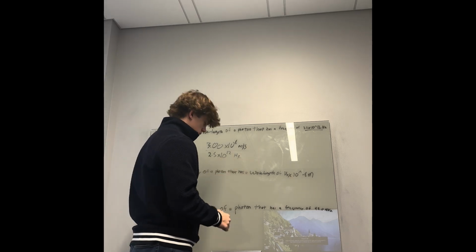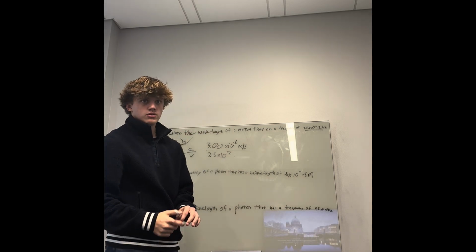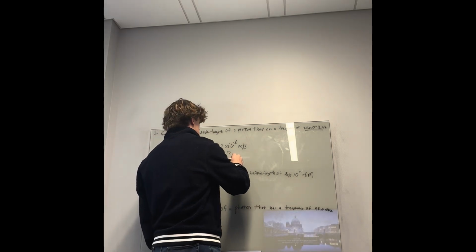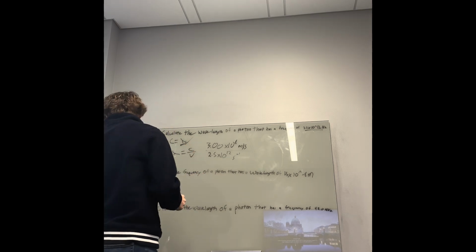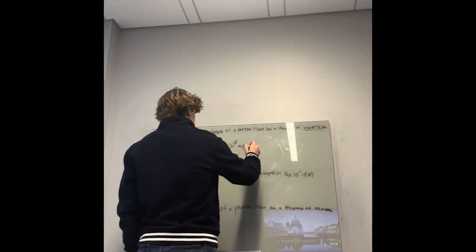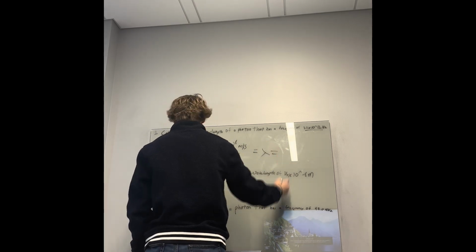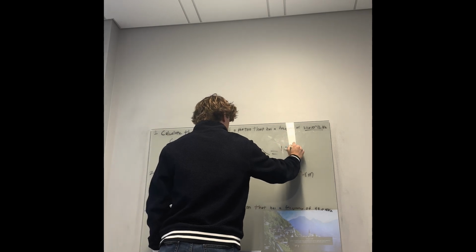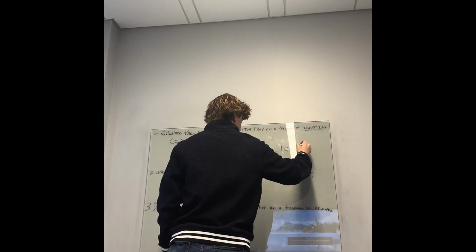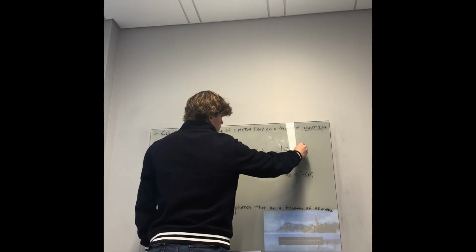Hertz is equal to s to the negative 1, which is equal to meters. So then you just divide these two, and this is equal to 1.2 times 10 to the negative 4 meters.